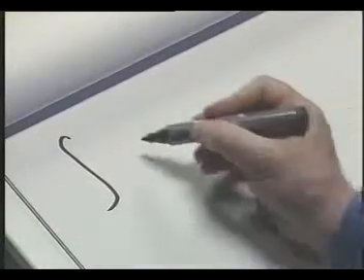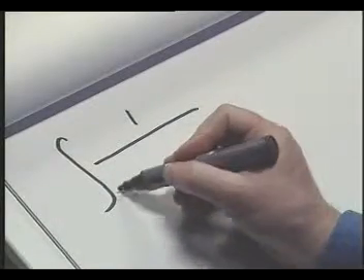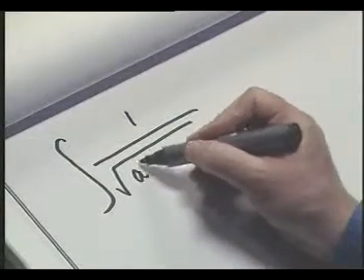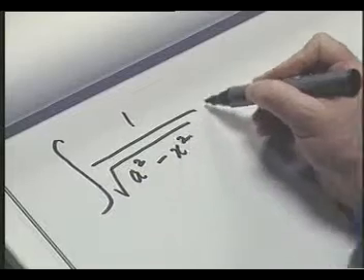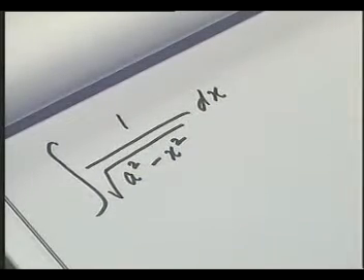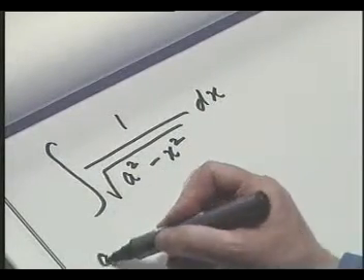So the point here is you might have to do a bit of work on the integrand in order to be able to write it in the form of one of the standard results. Okay, let's have a look at another integral where a trigonometric substitution is appropriate. Suppose we want to find the integral of 1 over the square root of a squared minus x squared dx, where again a is a constant.